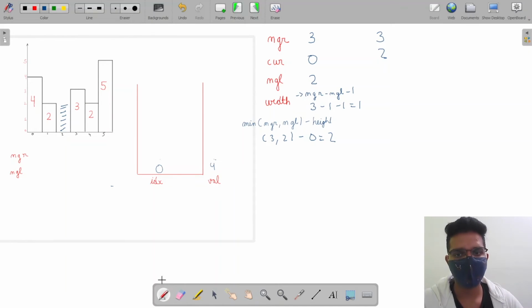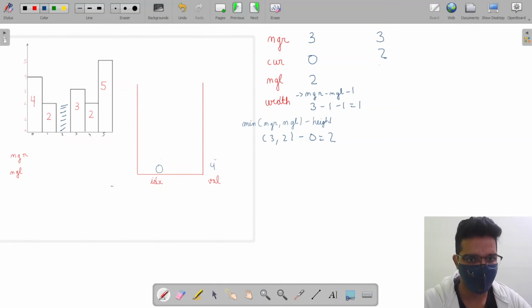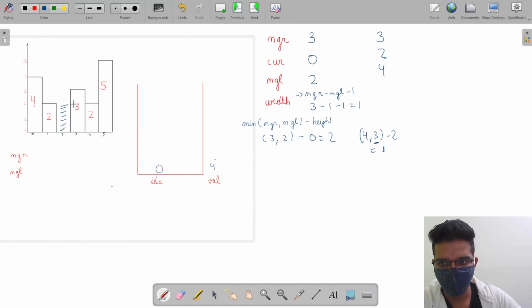And the next greater left is the top element of our stack, that is 4. By using this, of course, we can calculate the trapped water: minimum of 4 and 3 minus 2, that is 3 minus 2, 1. So here at index 1, you can store 1 unit of water.